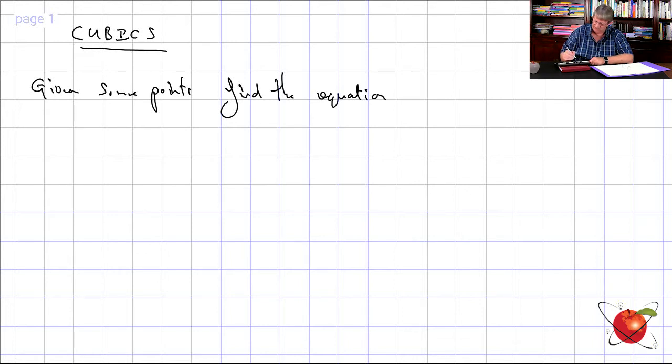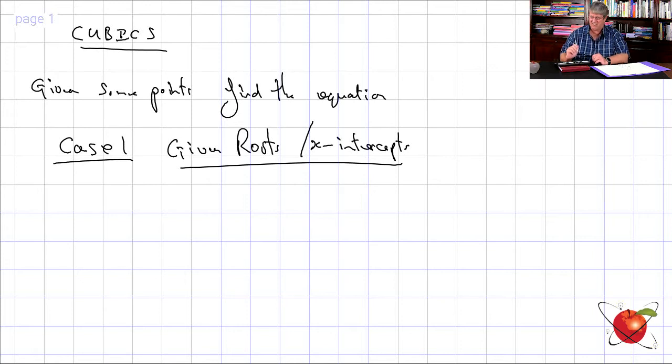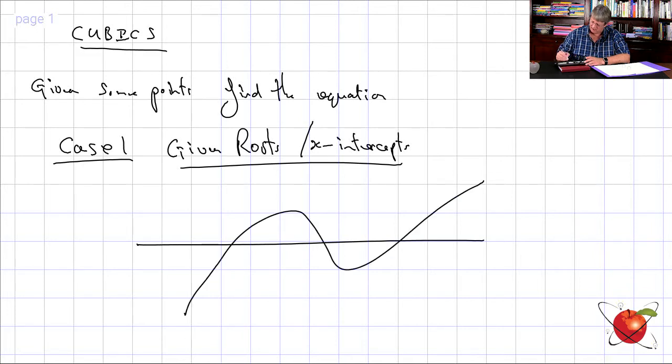So they're going to give us two scenarios. The first case, scenario 1, is that we are given the roots or the x-intercepts. If we are given the roots, therefore we are given a graph, and I'm just drawing it basically like that.